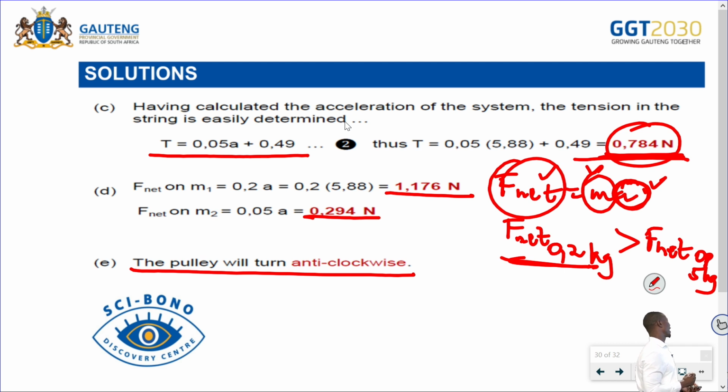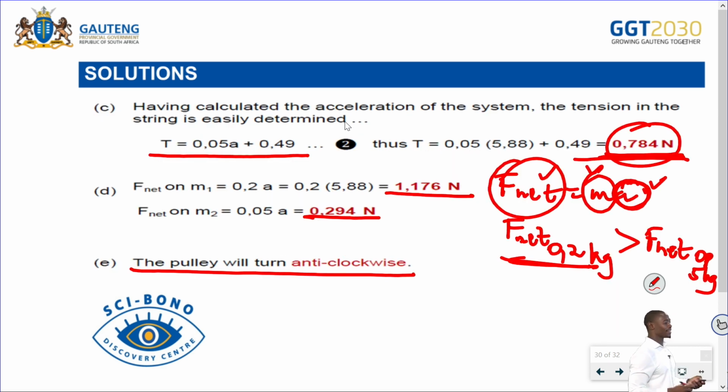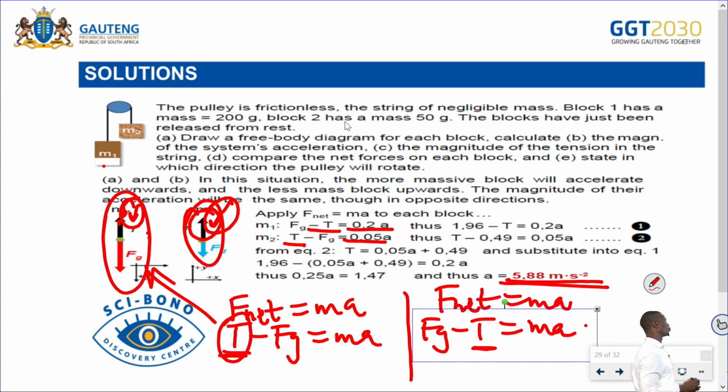Why are they saying it will turn anti-clockwise? Let's go back. We said the net force of the 0.2, let's check which one is the 0.2. Block 1 is 0.2, right? Block 2 is 0.05, right?